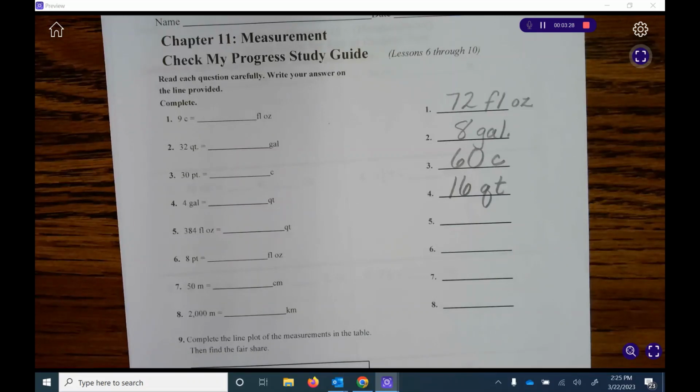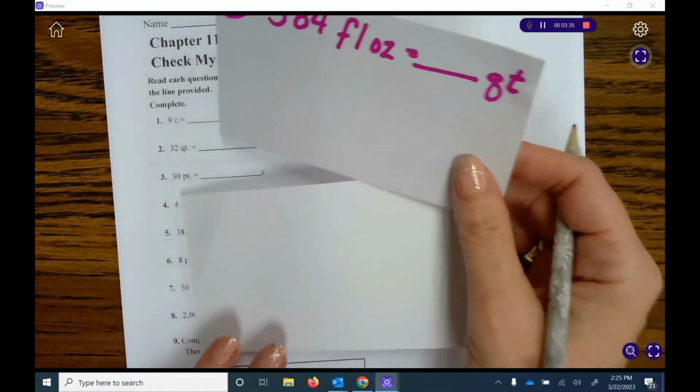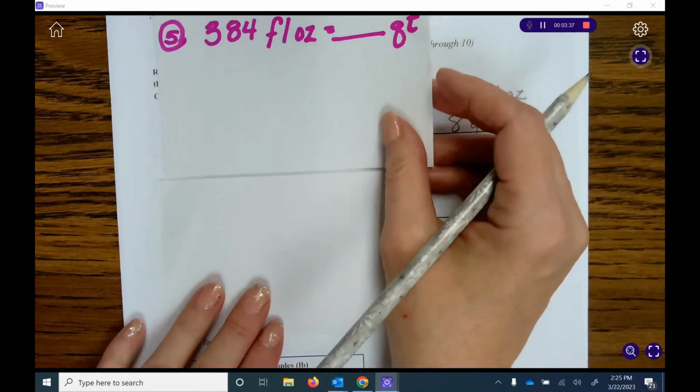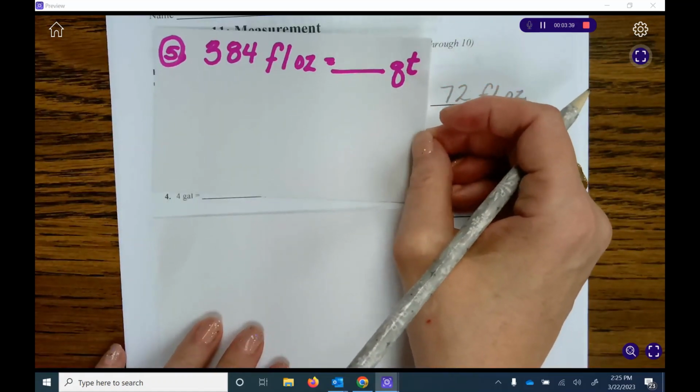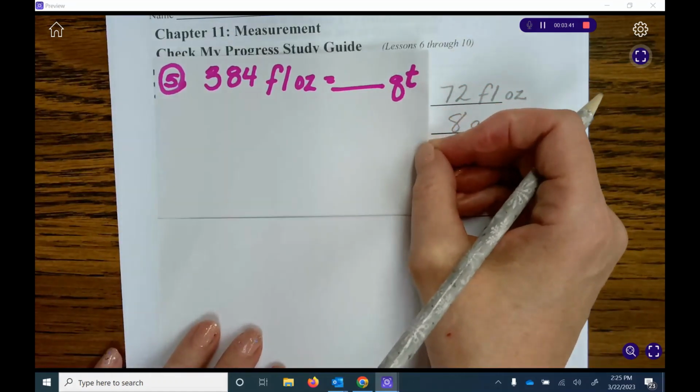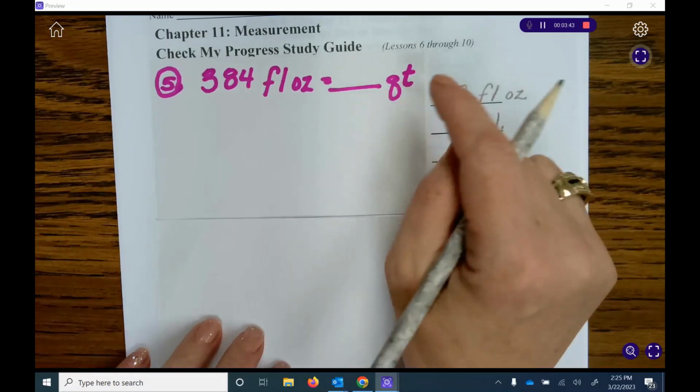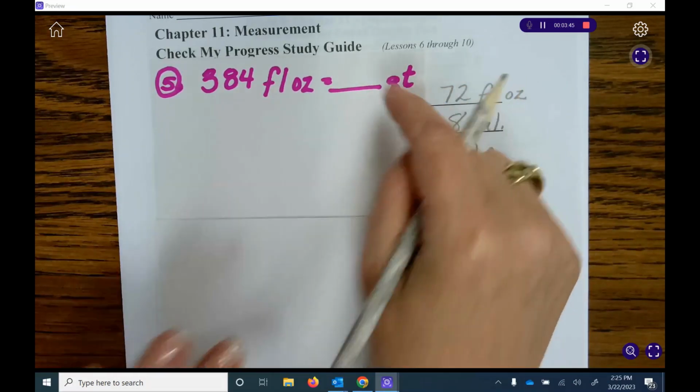Question 5 is a little bit more involved. Actually, it's quite more involved. All right. So I have 2 index cards here. We have 384 fluid ounces, and we want to get that to quarts. All right.